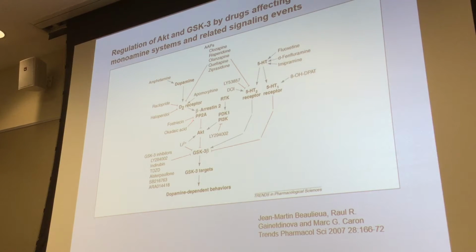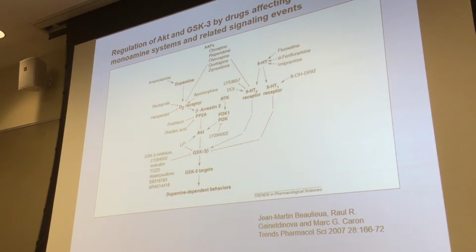So how can this be useful? Here's an example of a dopamine receptor and a serotonin receptor responding to a large number of drugs that can block them or activate them, as the case may be. These receptors can bind to beta-arrestin.